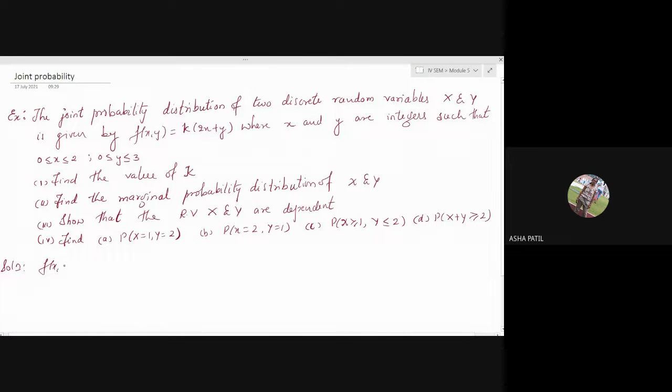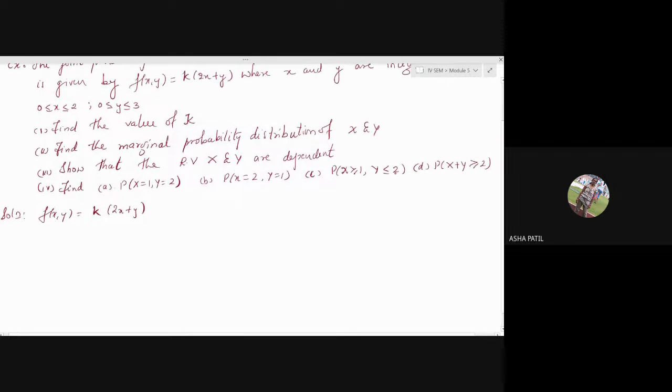It is given the function is defined as f of xy is k times 2x plus y, and x takes the values from 0 up to 2. So how to go for it? Let me put the table, the joint distribution table. Write a sentence that the joint distribution table is.